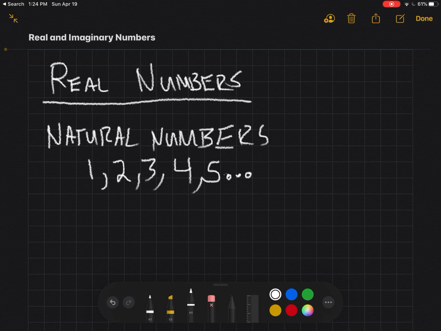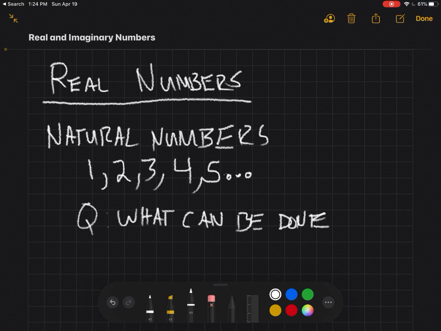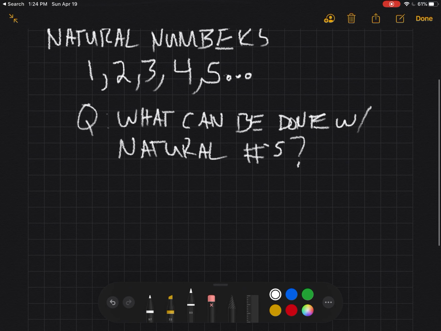If you think way back to grade school, these are numbers that you were first introduced to. 1, 2, 3, 4, 5, going on forever into infinity. So these numbers are not fractions, they're whole, they're sometimes called counting numbers. And when I have numbers like this, I can add.